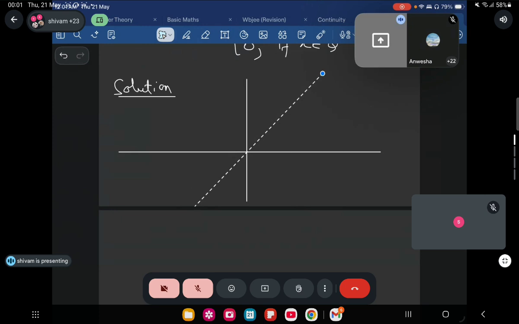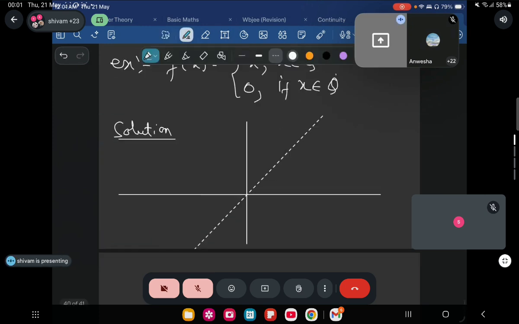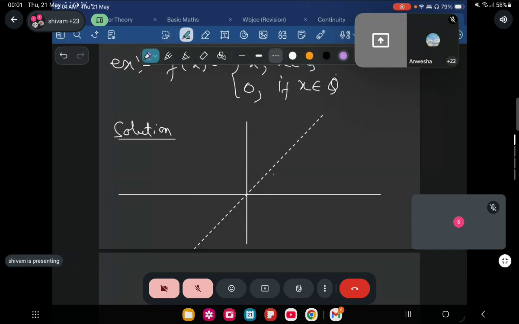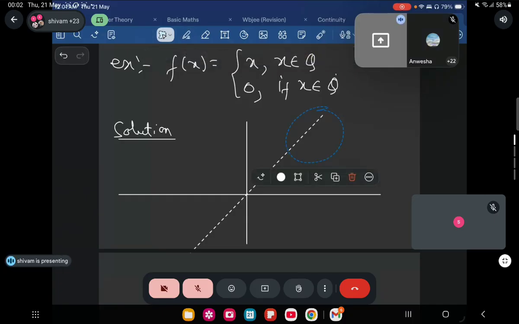Next, the same thing will happen on the x-axis. It will be a straight line, but dotted. Are you getting it? Tell me.